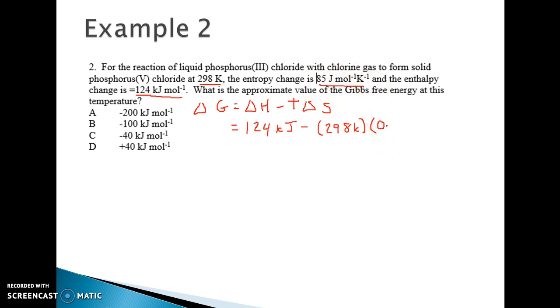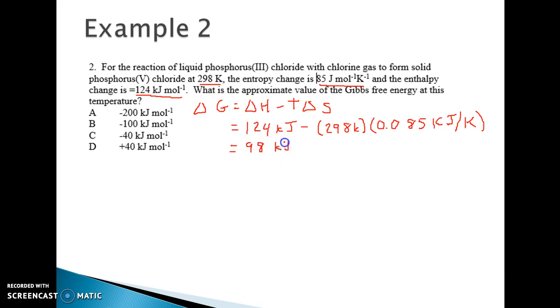So I need to convert that to kilojoules, divide by 1,000. And the answer I get for that is about 98.